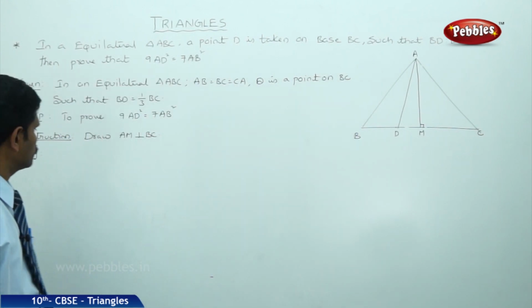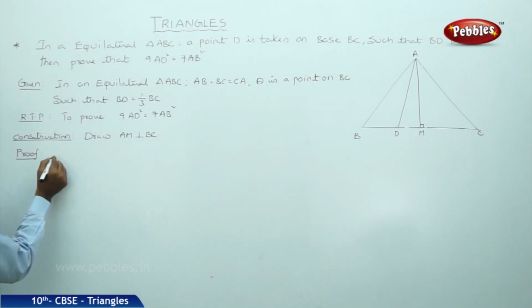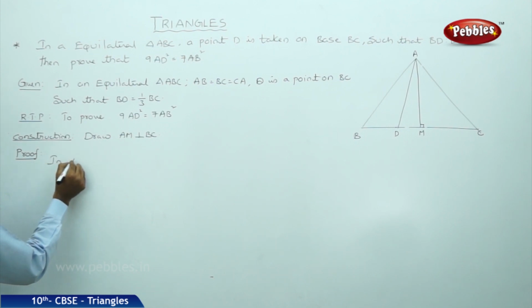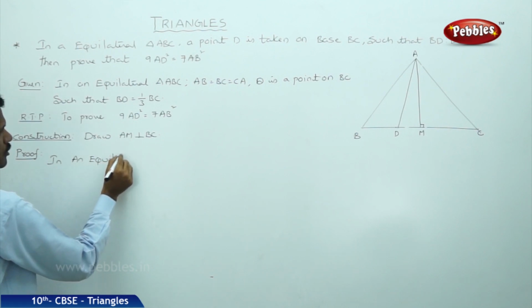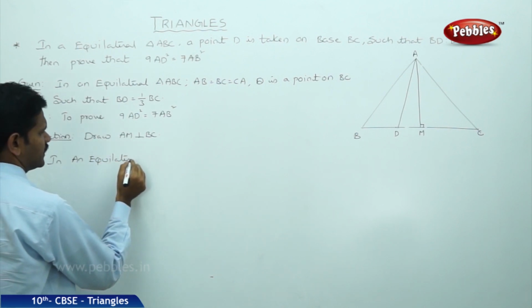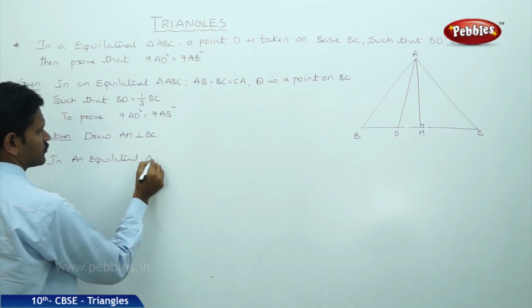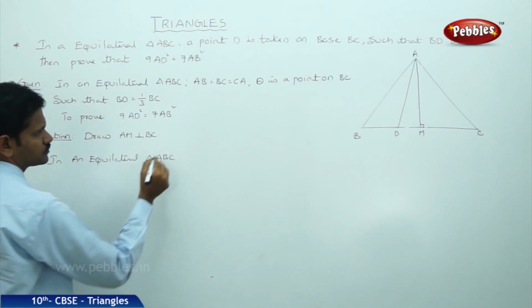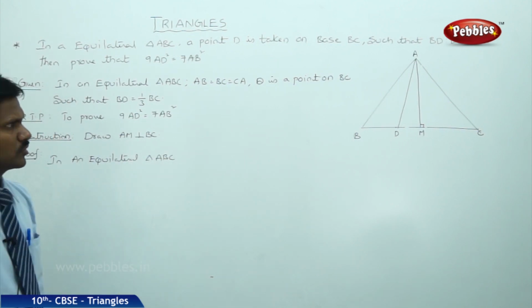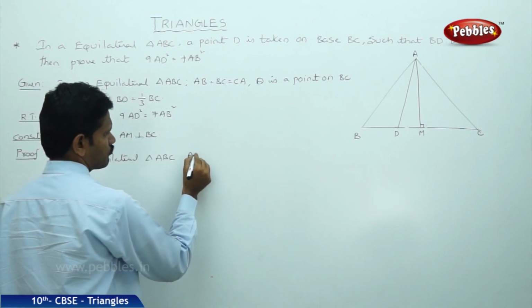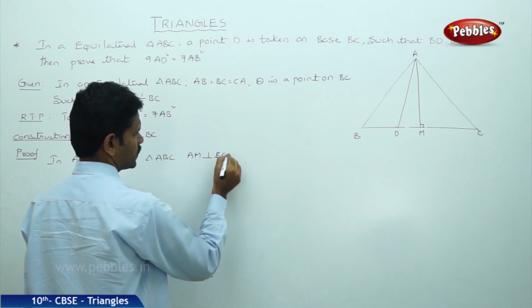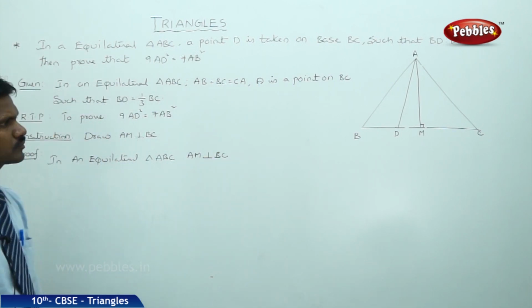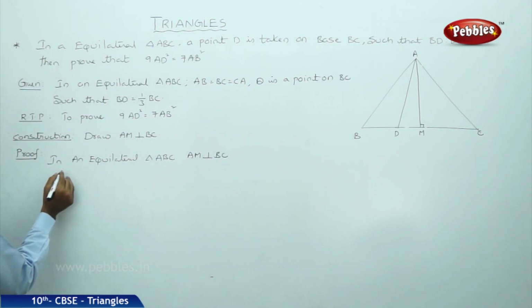Proof: in an equilateral triangle ABC, AM is perpendicular to BC.